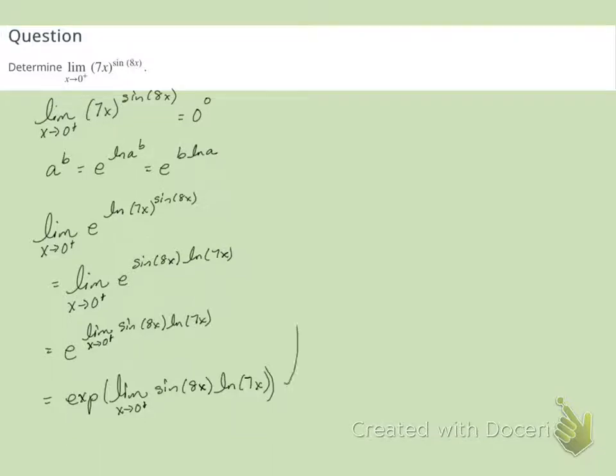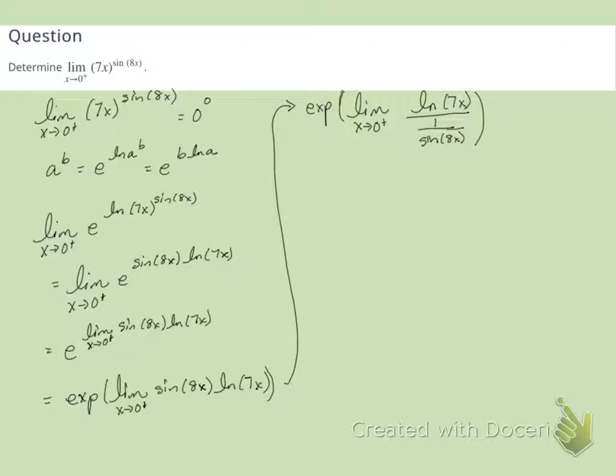So coming back up here, I have this exponent. We have the limit as x approaches 0 from the right side. We're going to leave the natural log in the numerator, and in the denominator, we're going to write 1 over sine of 8x.